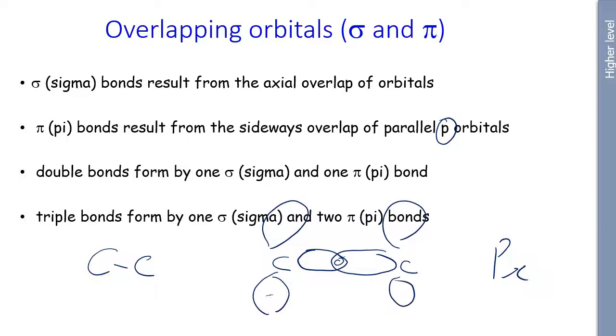The interaction and overlap of these electrons here would be your double bond, and the interaction of the orbitals above the internuclear axes here would be your triple bond.